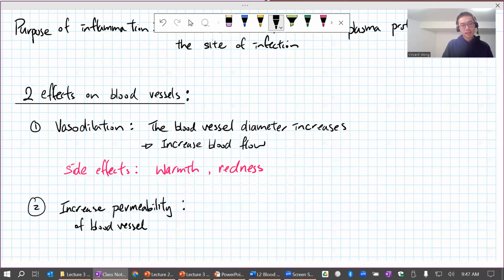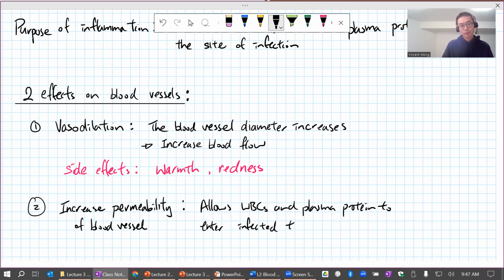Right, so what does this do? It allows WBCs and plasma protein to enter infected tissue quicker.